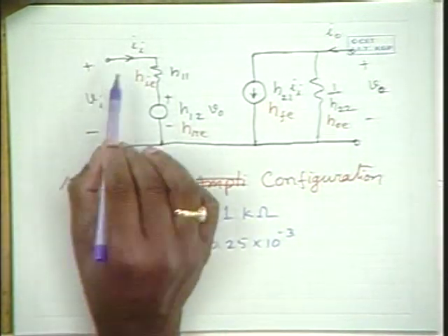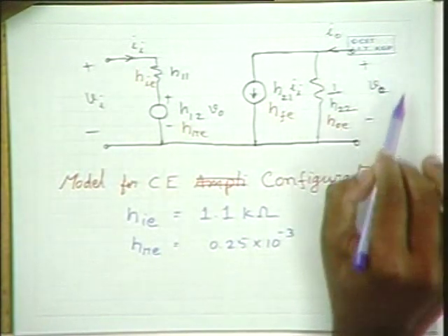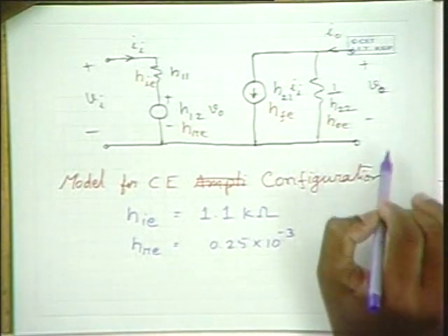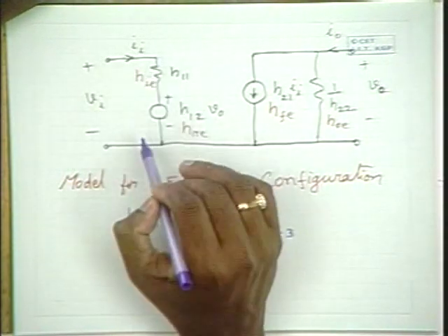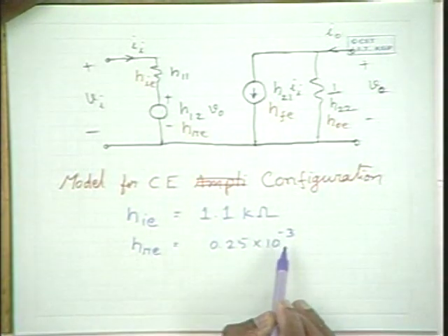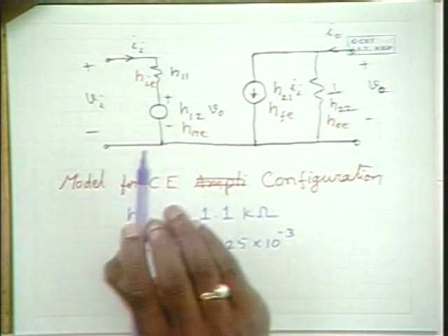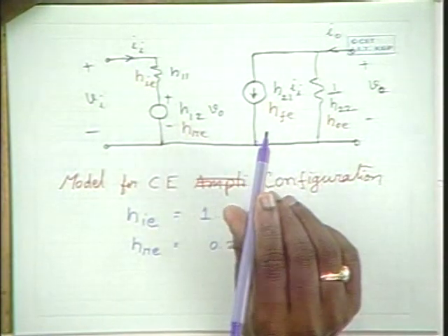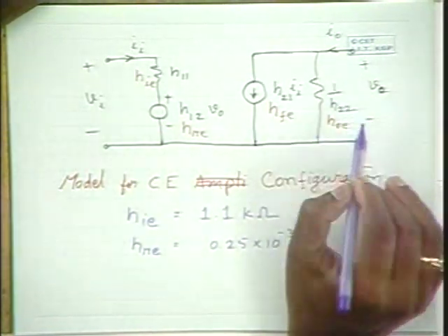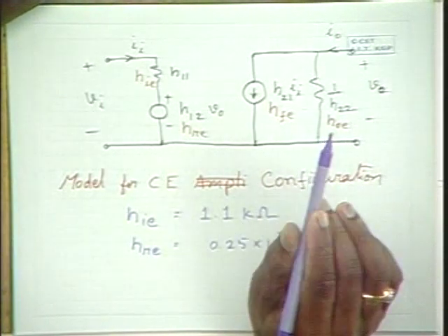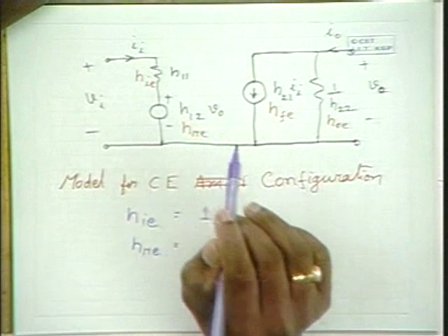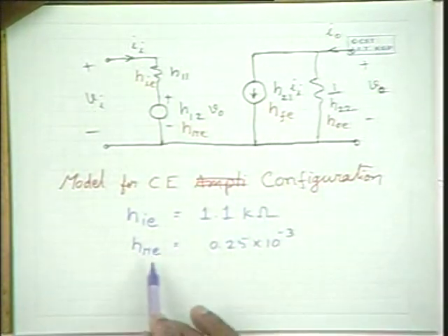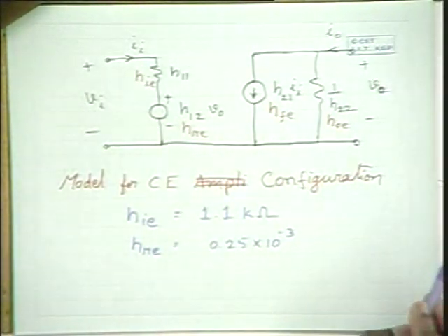So when you open circuit this, if you apply some voltage here, 1 volt here, how much voltage appears at the input? So there is 0.25 millivolts appearing across this. So output voltage does reflect at the input even when the input is open circuited, and that ratio is this much.